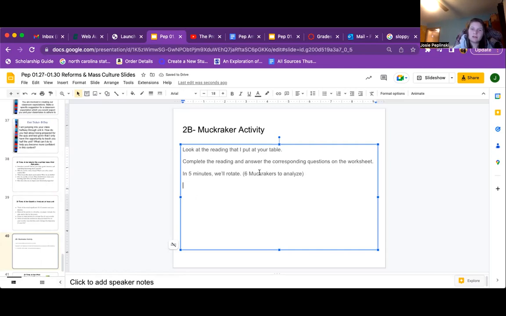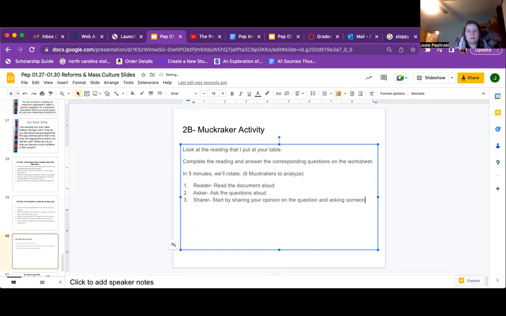For the roles, I want one person to be the reader, read the document aloud. One person to be the asker, ask the questions aloud. One person to be the sharer, start by sharing your opinion, and asking someone else to share theirs specifically.